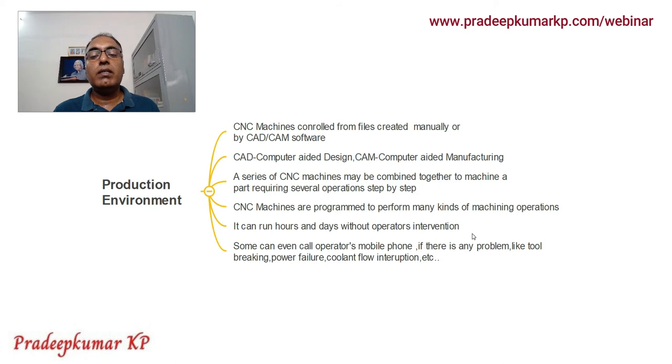In some machines, it can send messages to the operator's mobile phone if there are any problems like tool breakage, power failure, or coolant flow interruptions. It will send a message to the mobile of the operator, and he can come back and attend to the problem. So the production environment has changed in such a way.